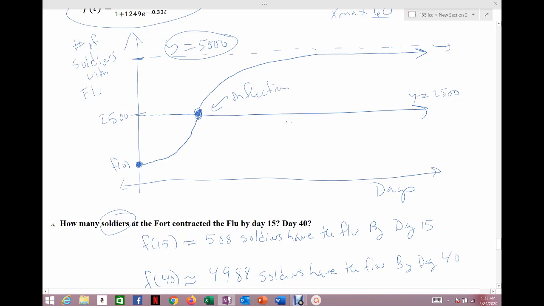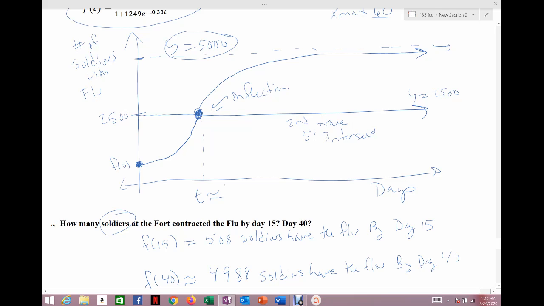I'm going to find it using my second trace. Select 5, the intersect. First curve, second curve, and guess. And that'll tell me when the inflection point occurs, and then we'll talk about why that's important. So again, you type it in, you pick second trace 5, intersect, first curve, second curve, guess.